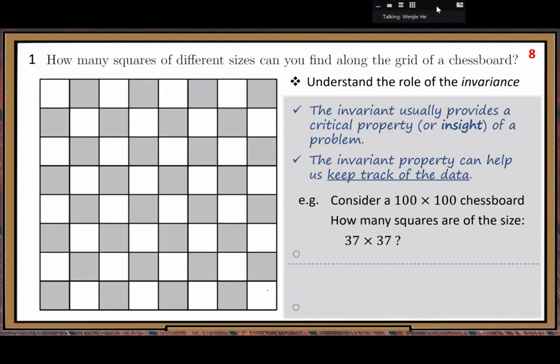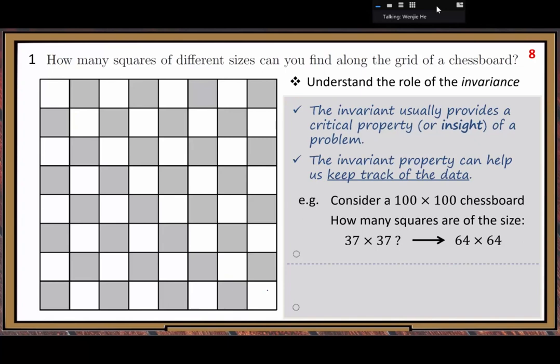Here, you need to look at the invariant number for this case. The invariant number is the size number plus 1, right? 101. In our previous question, it was 9. How to get the 9? 8 plus 1, right? That's the 9. Here, we change the size of the chessboard.